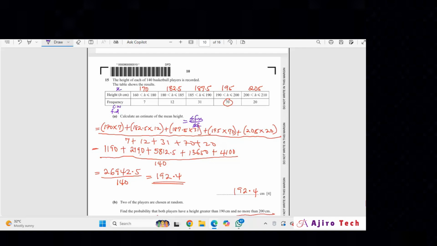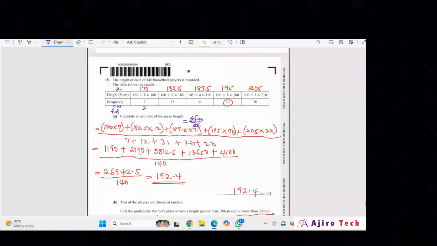So let's first do 180 minus 160. That will give us 20. Okay, 20 divided by 10 will give us 2 here.